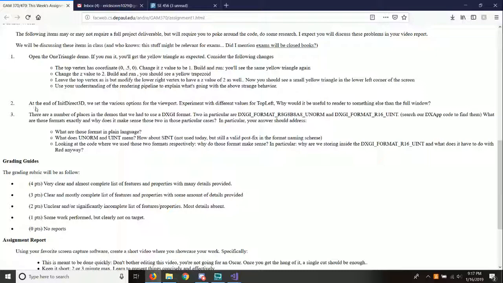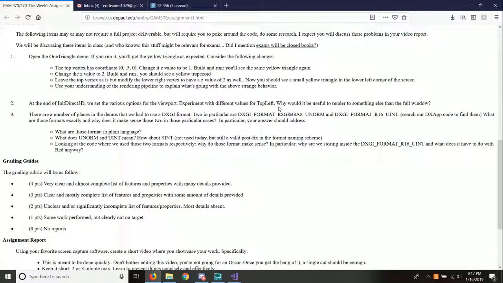At the end of the init, we have various options for the viewport. Changing the top left will actually allow you to draw smaller than the full window, which is very convenient for UI features.